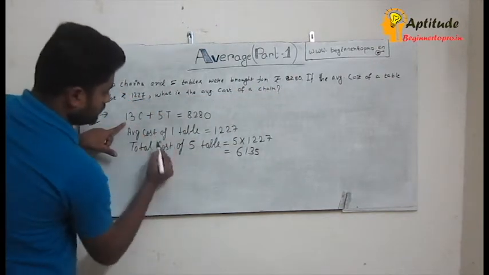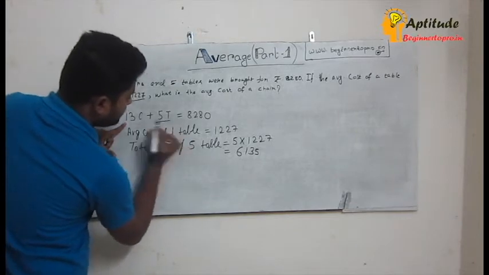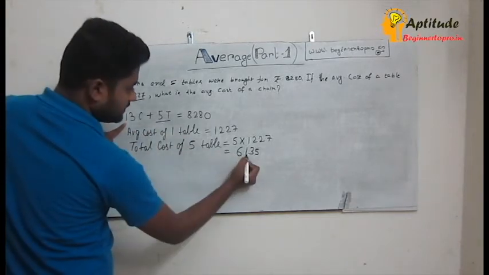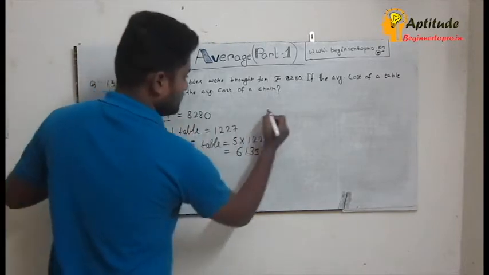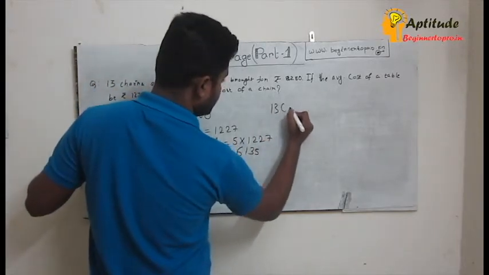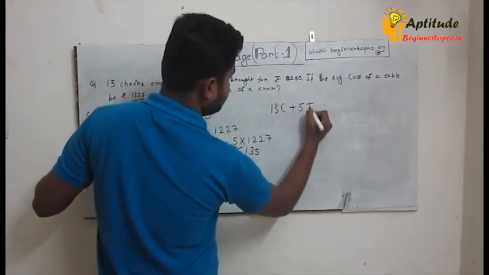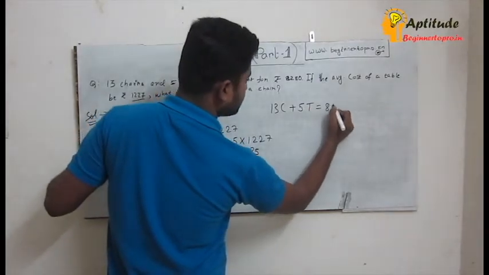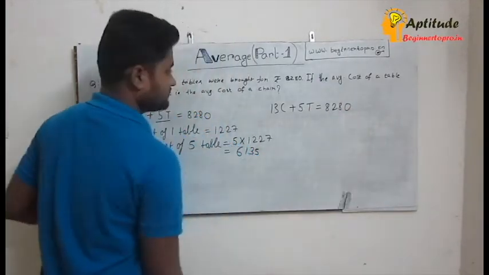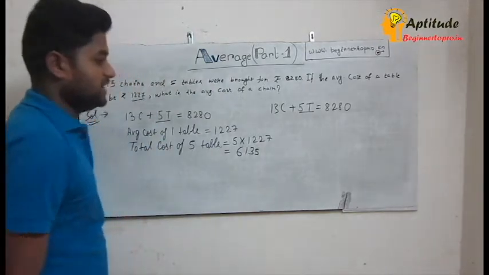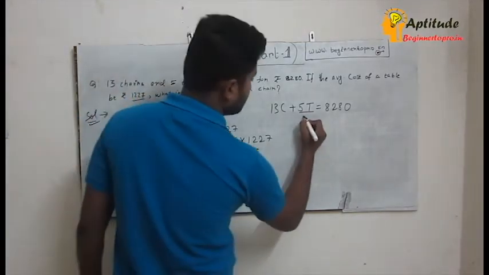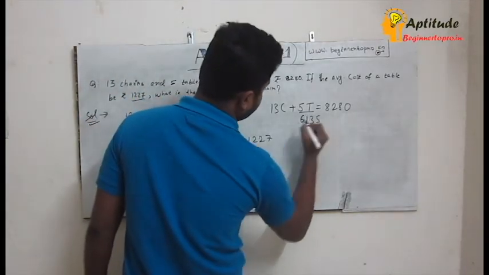Okay. Now the question says 13 chairs and 5 tables were bought for rupees 8,280. So we know that the total cost of 5 tables is nothing but 6135. Means in this statement 13C plus 5T equals 8,280. We know the value of 5T, which is 6135.